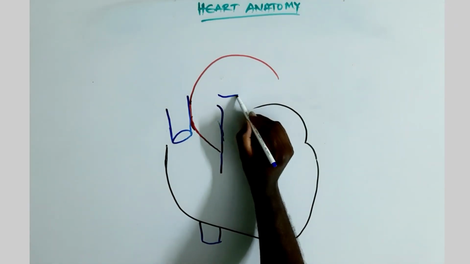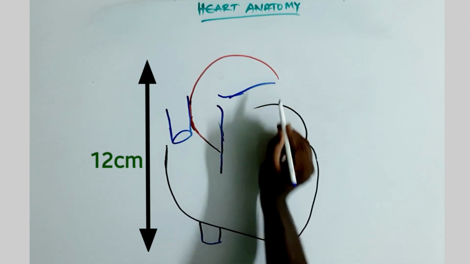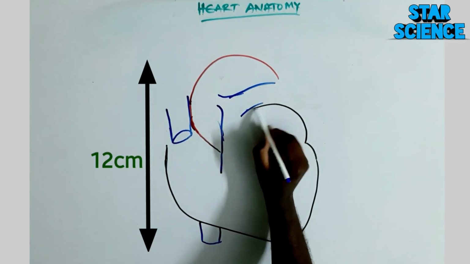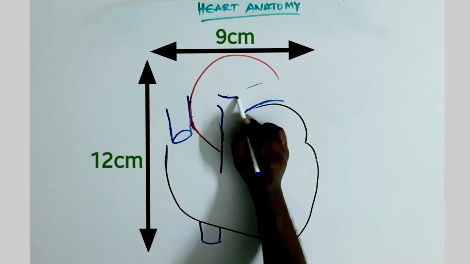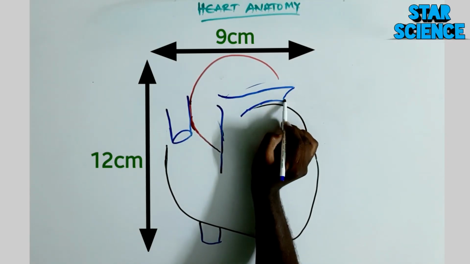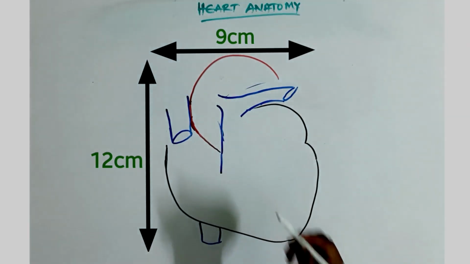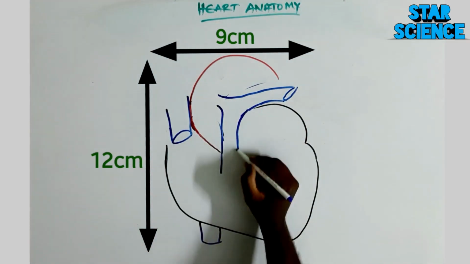Next, the length of the heart is around 12 centimeters, and the width of the heart is around 9 centimeters at the broadest point.